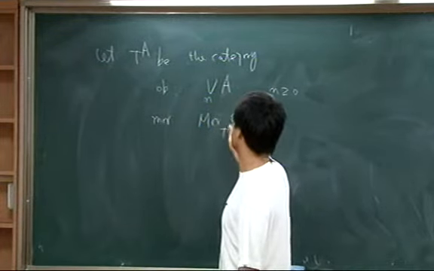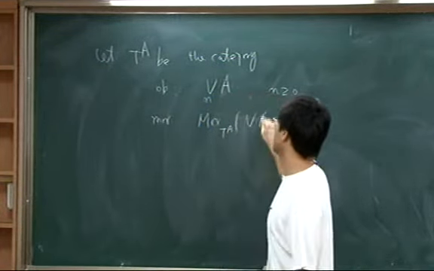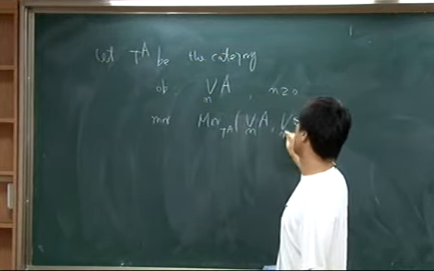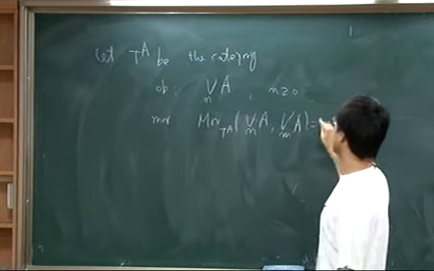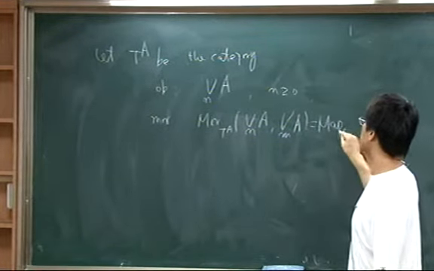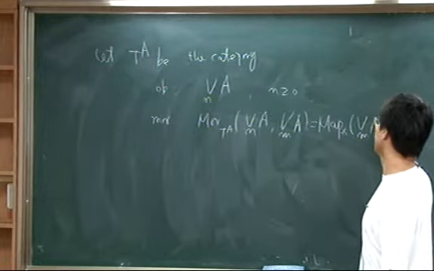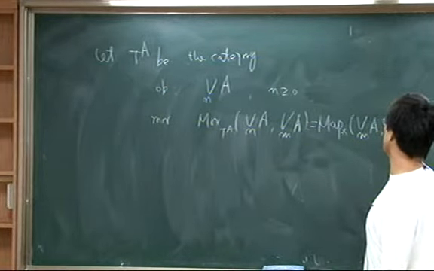Morphisms in TA, like wedge M of A, so then this is maps from wedge M A to wedge N A.